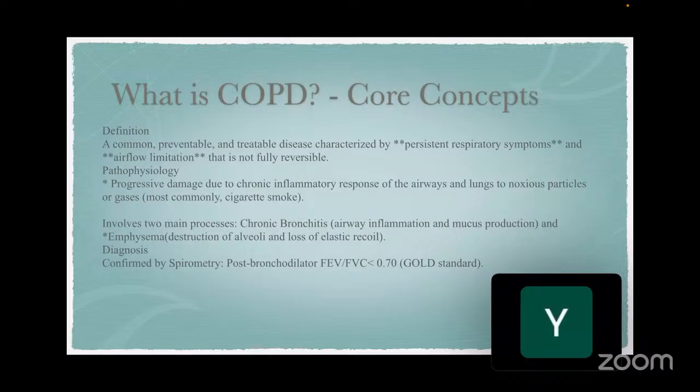The pathophysiology of COPD is divided into two: chronic bronchitis, which causes cough and sputum, and emphysema, which reduces the lung elastic recoil and the surface area for gas exchange.